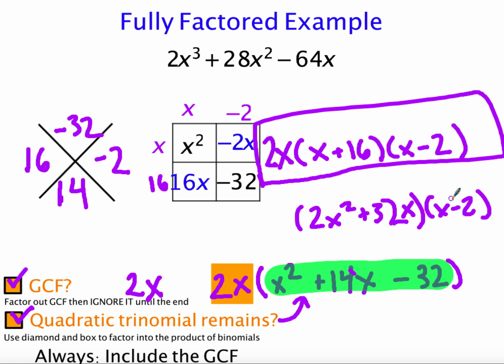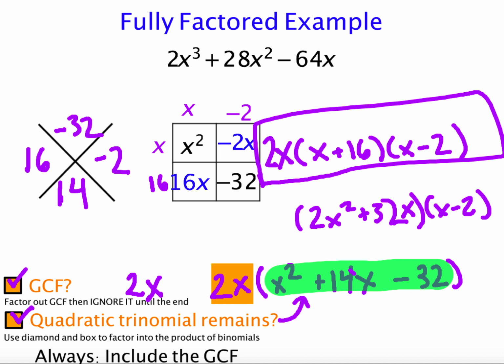So 2x squared times x gives me the 2x to the third. The 2x squared times minus 2 gives me minus 4x squared, and minus 4x squared plus 32x squared simplifies to 28x squared, and then minus 64x. Thank goodness. So this is the most complicated fully factored example.